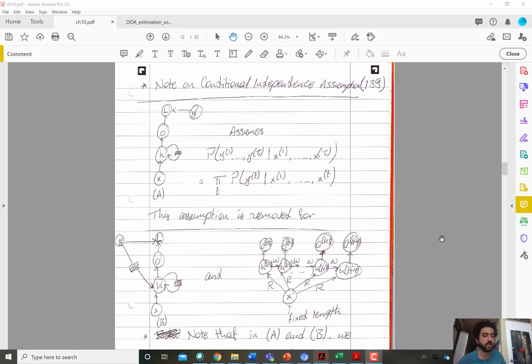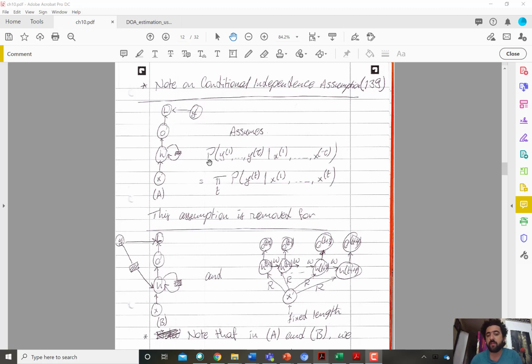So let's focus on these two types of networks and see what kind of assumptions we have in terms of conditional independence. So let's take the hidden to hidden recurrence, right? So the recurrence, or the connection between one time step to another, is only a connection between the hidden state in the current time step to the hidden state in the subsequent time step.